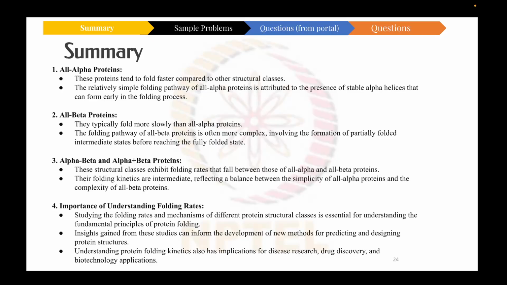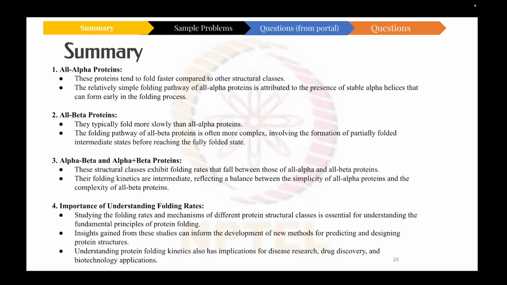All alpha proteins are characterized by a predominant secondary structure consisting of alpha helices. These proteins tend to fold faster compared to the other structural classes. The relatively simple folding pathway of alpha proteins is attributed to the presence of stable alpha helices that can form early in the folding process.